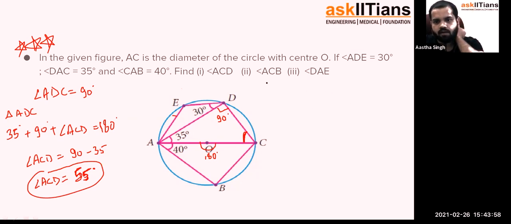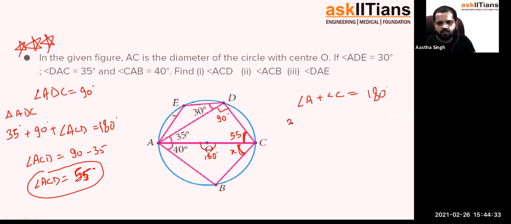So yeah, next we'll move to angle ACB. ACB is this angle, right? Let's suppose ACB is your angle x. You have to find the value of x. You already know that in a cyclic quadrilateral, angle A plus angle C will be equal to how much? 180 degrees.